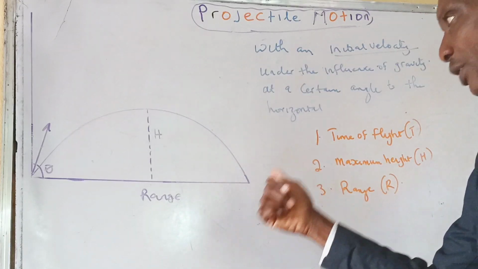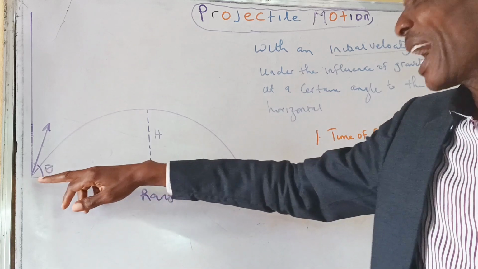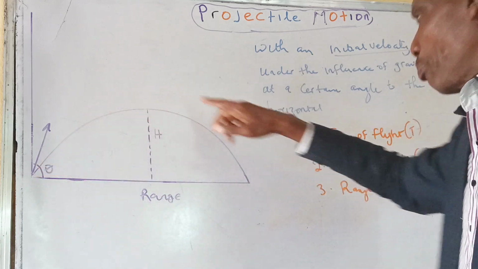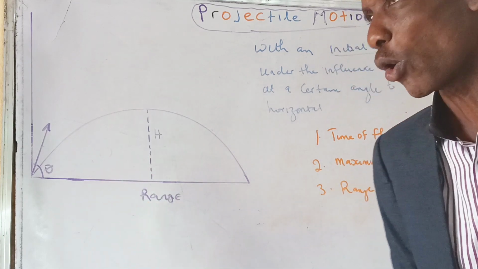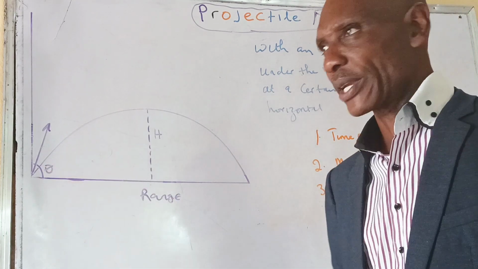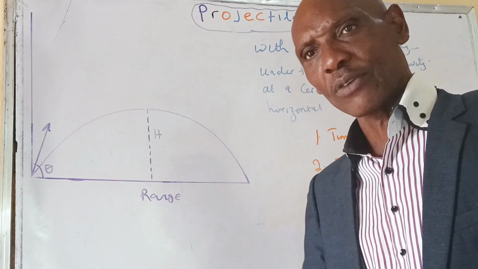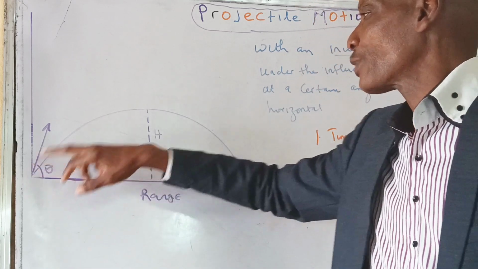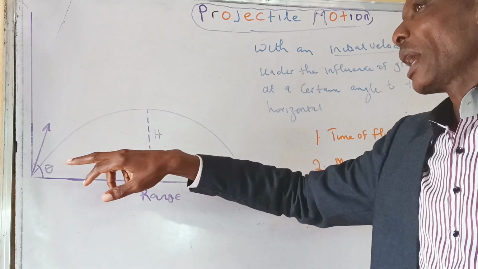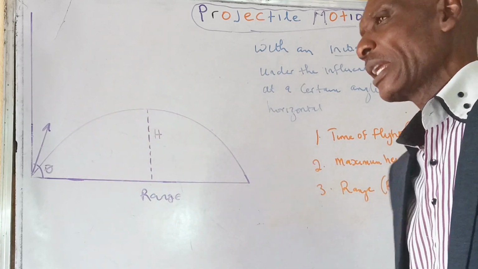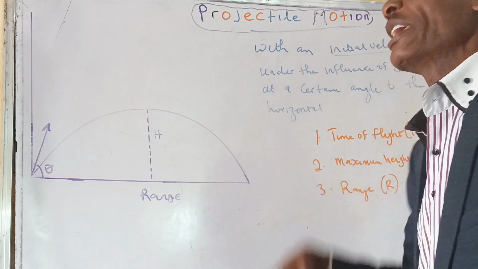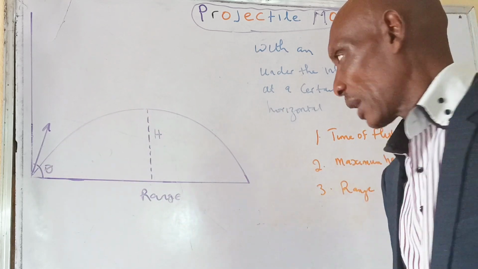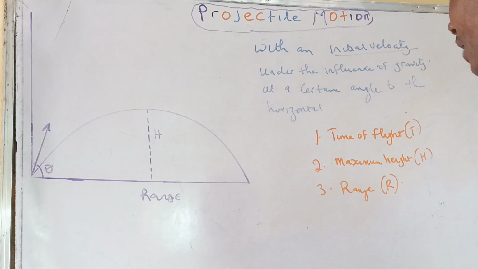And also, let us remember that the curved path described by a projectile during its motion is called the trajectory. It refers to the path taken by a projectile during its curved motion, and the shape of the trajectory is that of a parabola. So let's define maximum height now.